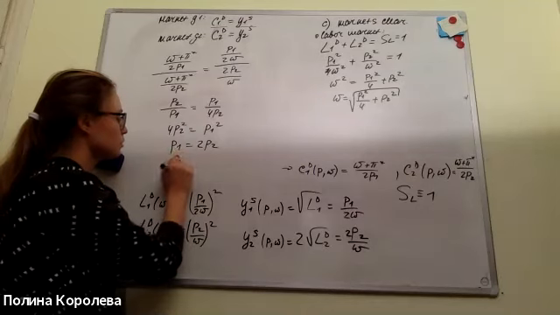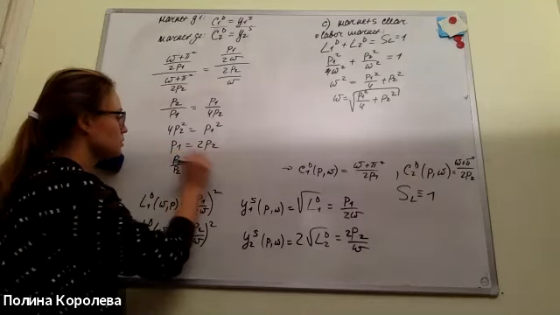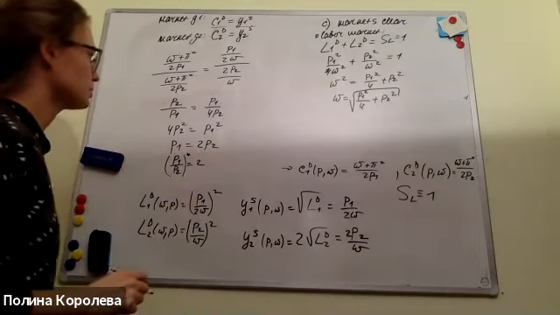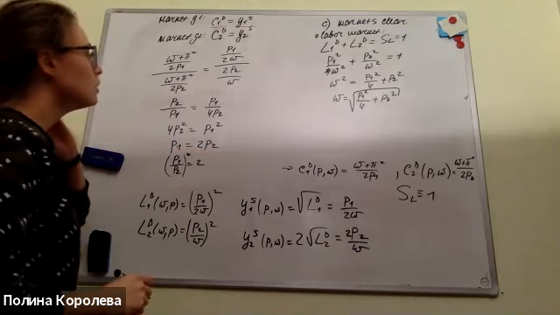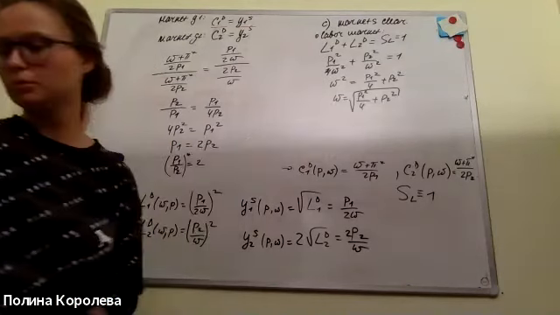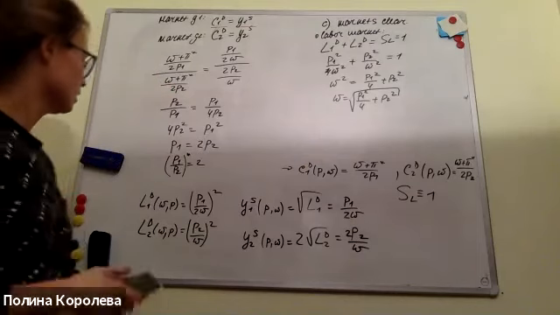Yes. So P1 over P2 equals 2. This is the optimal price ratio. We can put this into wage, and we will find wage.